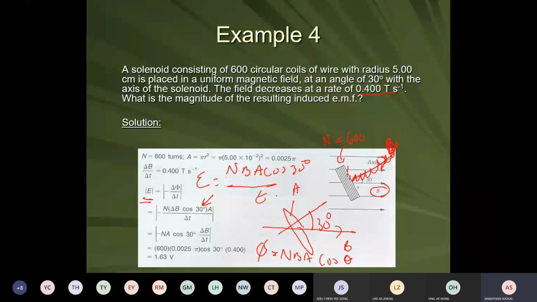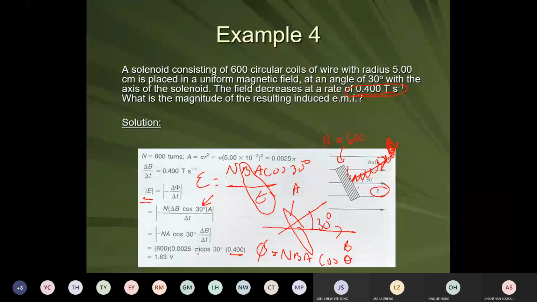But B over T, you know already. B over T is how much? 0.4 Tesla per second. So just replace B over T as 0.4 Tesla per second. And A cos 30 we apply here. The area is pi r squared.